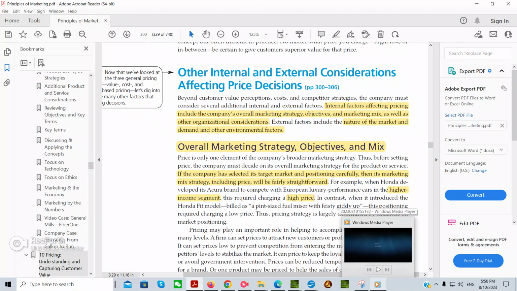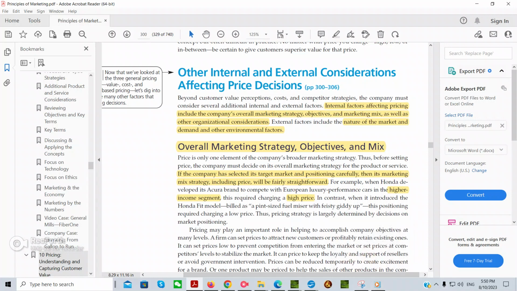Because it costs more to make the item. So your break even price is going to be more. Thus, because your break even price is more, your markup and the total price is going to be more. Translation: it costs more to produce the product.